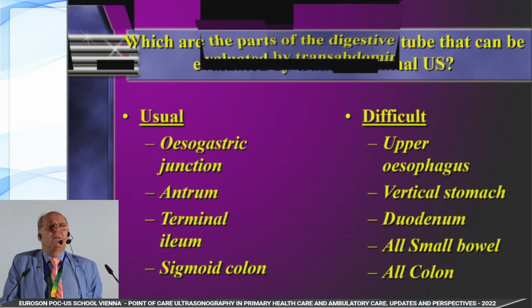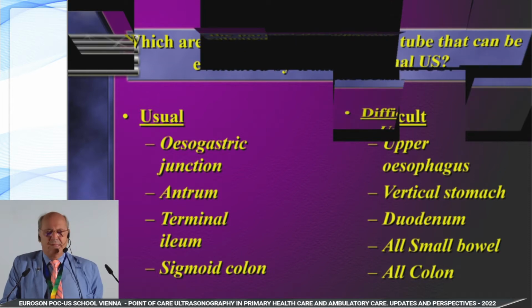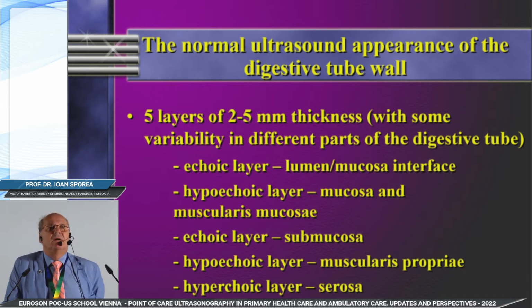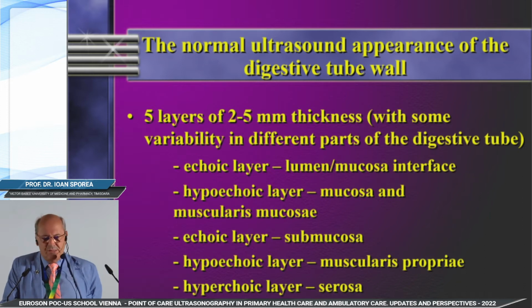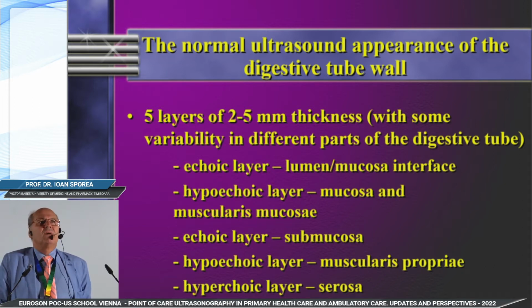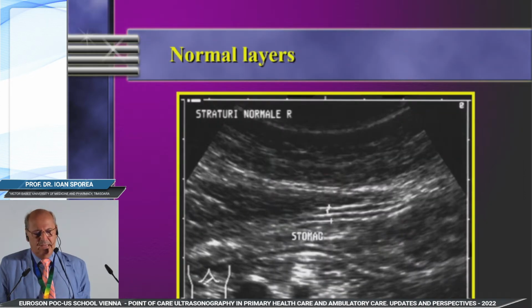Normally the digestive tube has 5 layers and the thickness of the wall is between 2 and 5 millimeters, and this depends on which part of the digestive tube. You can see here which are these layers. It doesn't matter too much, but sometimes you can see all 5 layers.